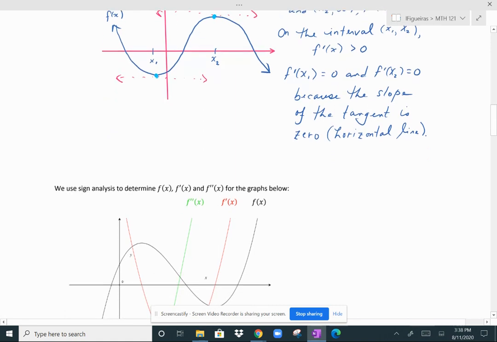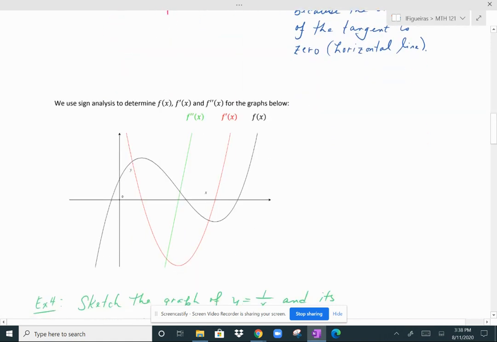Okay, so let's look at actual graphs of f prime, and f double prime. So f is graphed here in black, f prime is graphed here in red, and f double prime is graphed here in green. All right, so let's talk about the black graph first, the graph of f of x. So anywhere from this point and to the left, the slope of the tangent line here would be positive.